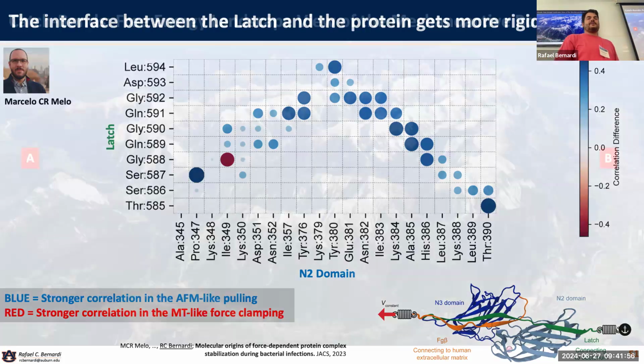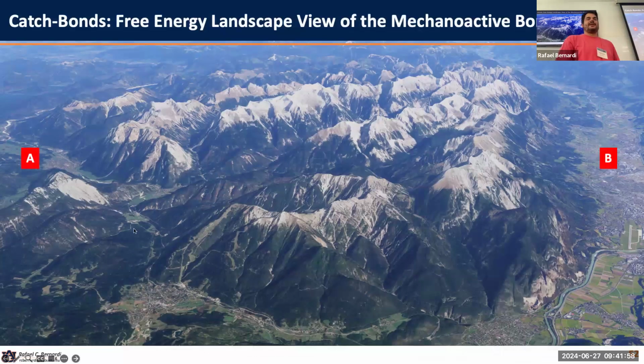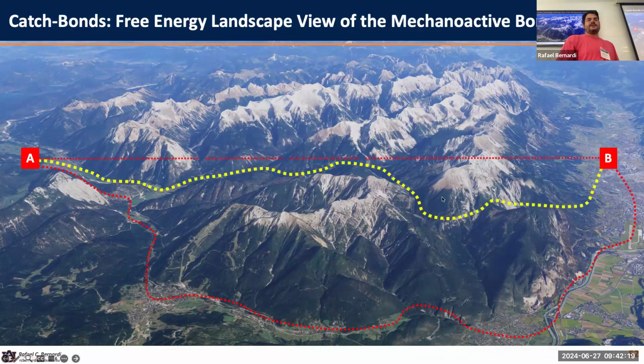At the end, you can imagine something simple like this, and Chris showed something like that too. If you want to go from A to B, meaning bound, unbound state, you can follow a very easy path, right? That's the solution path. You're going to just follow the valley here. But if you apply a crazy high force, you're going to try to go straight. That's you doing the AFM super fast, or us super fast with the simulation. Of course, you don't go exactly straight. You find some other paths.